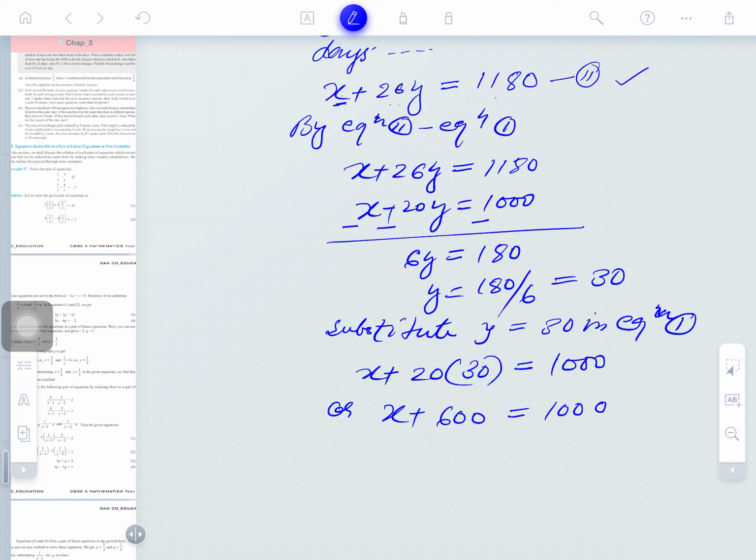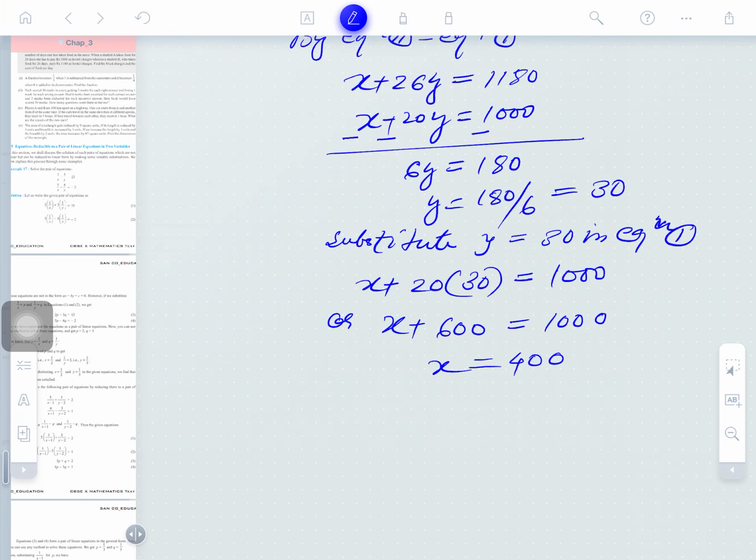So x plus 600 is equal to 1000. Clear? So x is equal to what? 400. You will write down your answer: the hostel charge, you write down here this, and the mess charge per day. This is the method of writing answers.